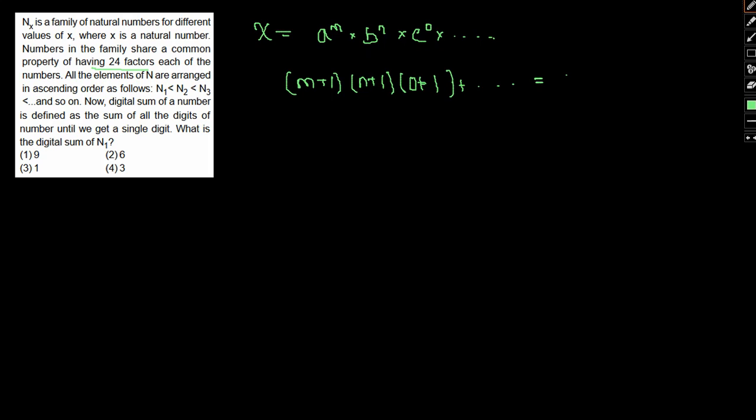This should give us 24. Now let's try and understand this one thing. We need the minimum value of x such that the number of factors is 24.